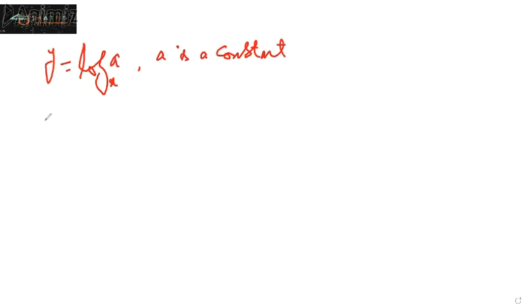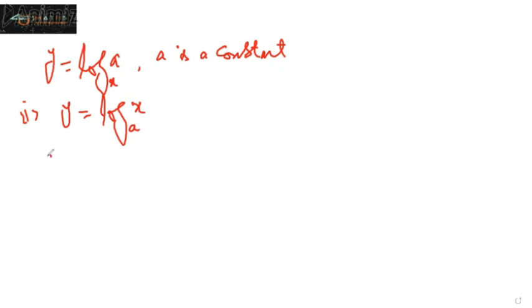Before finding the derivative of this function, let me share some results with you to which we are familiar. The first one is y is equal to log of x to the base a constant, that is a.